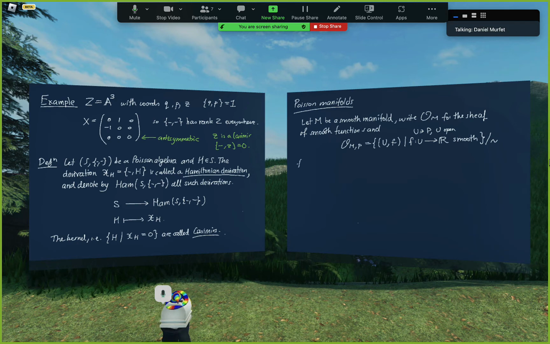I'm sort of assuming you know about that. For the R-algebra of germs, we write f_P or f for the equivalence class of that pair in the ring of germs.